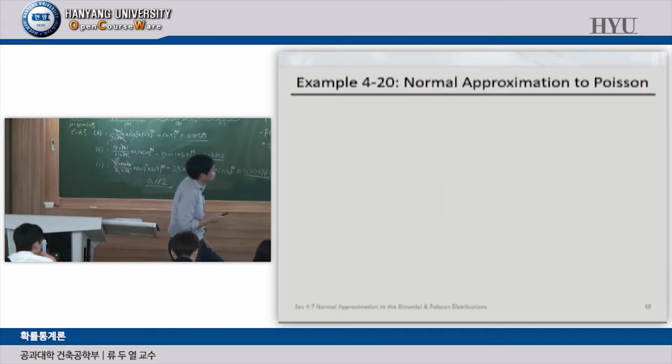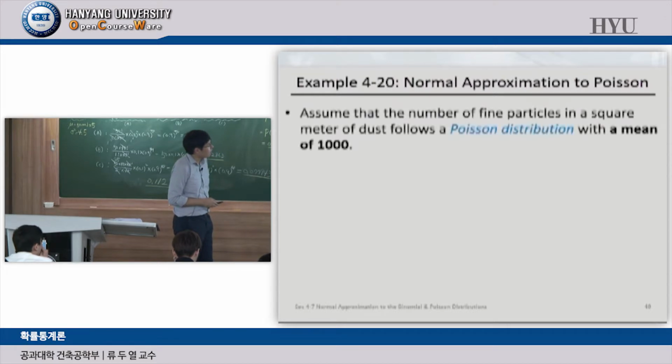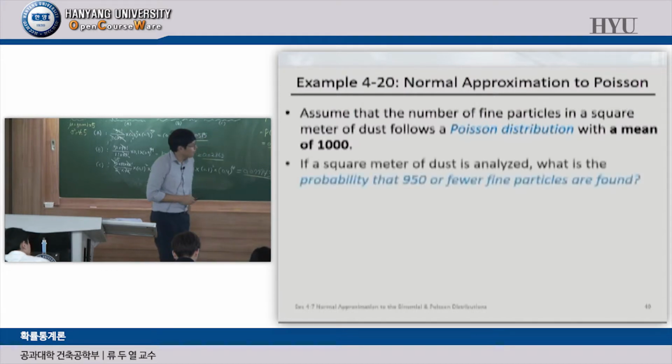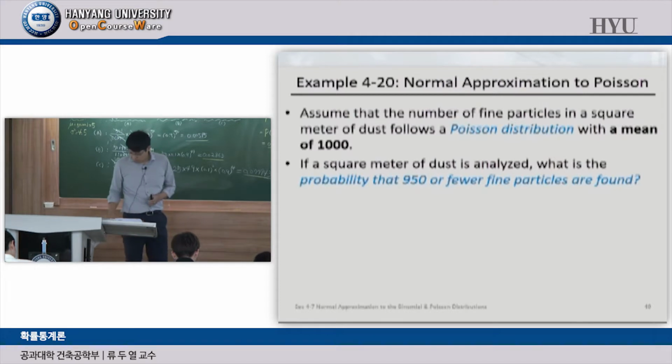And this is the example, normal approximation to the Poisson distribution. Assume that the number of fine particles per square meter of dust follows a Poisson distribution with a mean of 1,000. If a square meter of dust is analyzed, what is the probability that 950 or fewer fine particles are found?